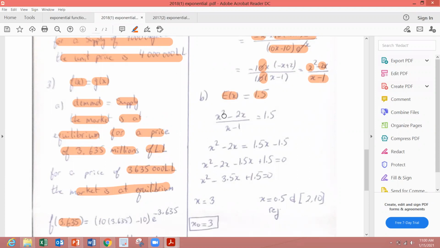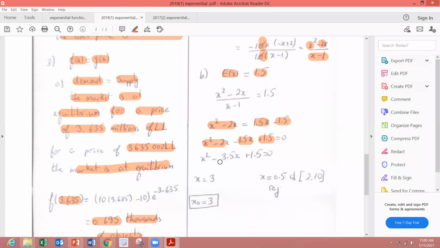E(x) is x squared minus 2x over x minus 1 equal to 1.5. By cross multiplication, x squared minus 2x equals 1.5 times (x minus 1). We bring them all to one side: the 1.5 on the left side becomes minus 1.5, so x squared minus 3.5x plus 1.5 equals 0.